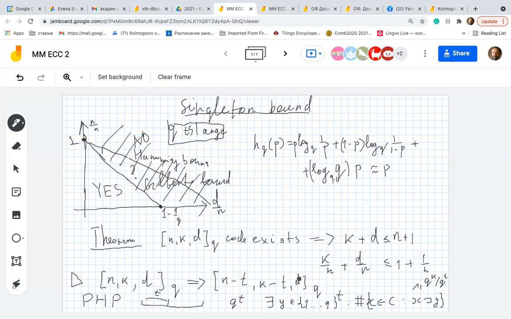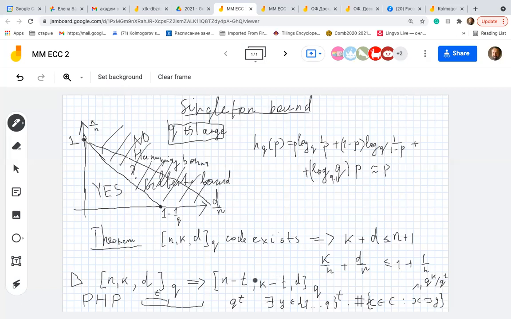However, they are equal in the first t positions, and hence all the differences fall into the last n minus t positions. And so we keep the minimal distance. And this transformation works for any t.